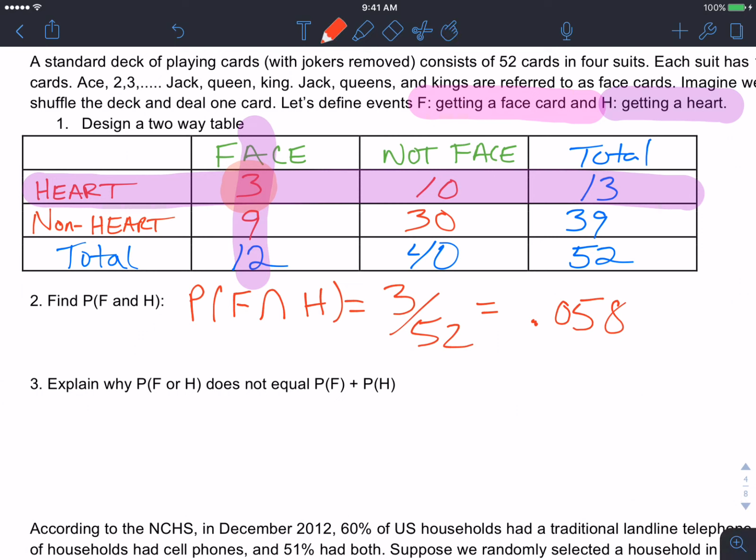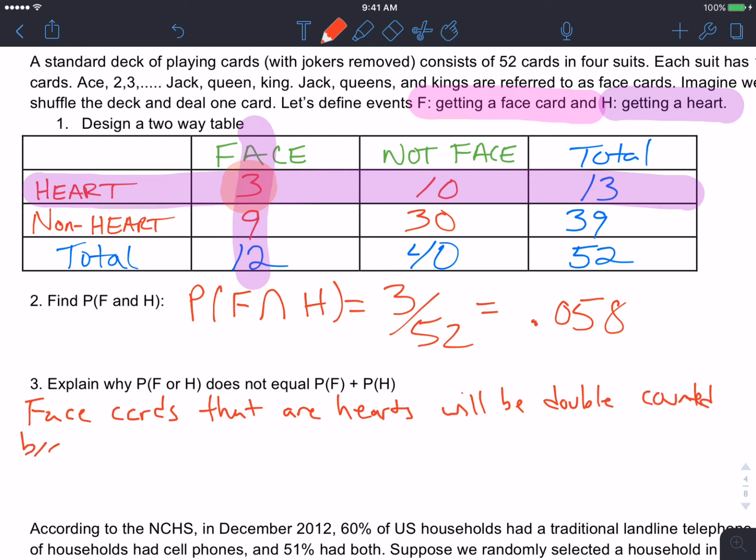The reason this happens is that face cards that are hearts will be double counted, because face cards and hearts are not mutually exclusive, meaning they can occur together.